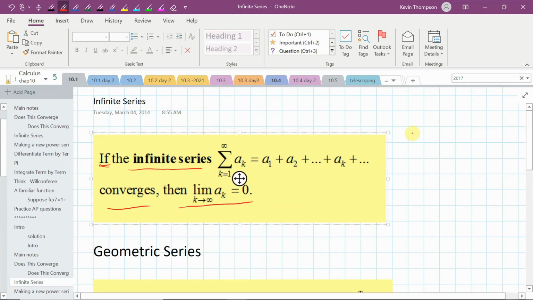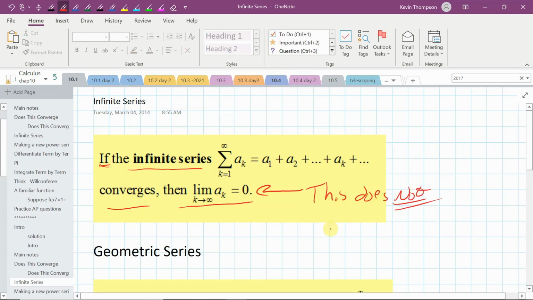And I want you to put a note next to this. This does not guarantee convergence.